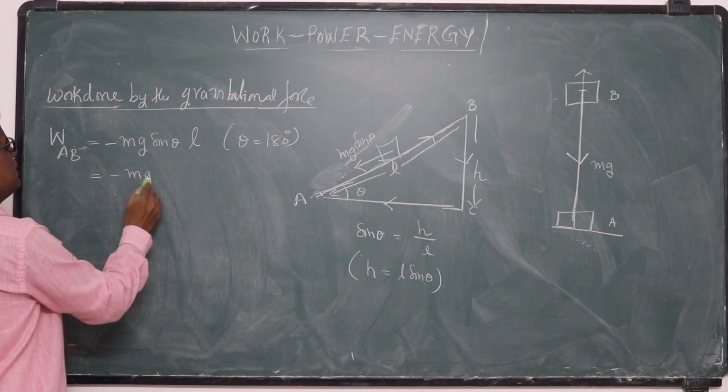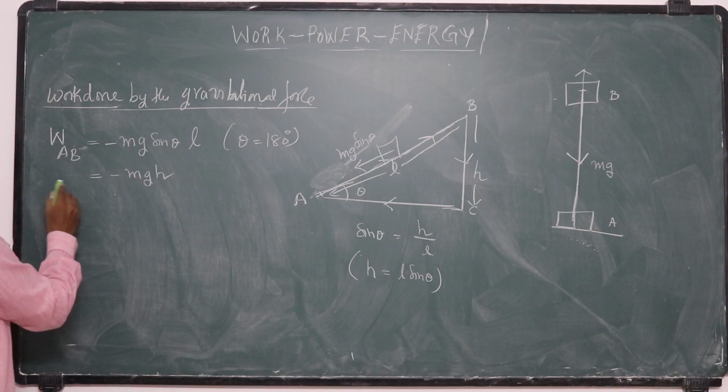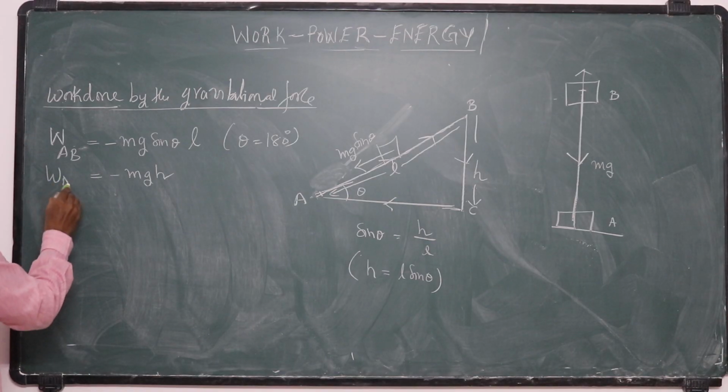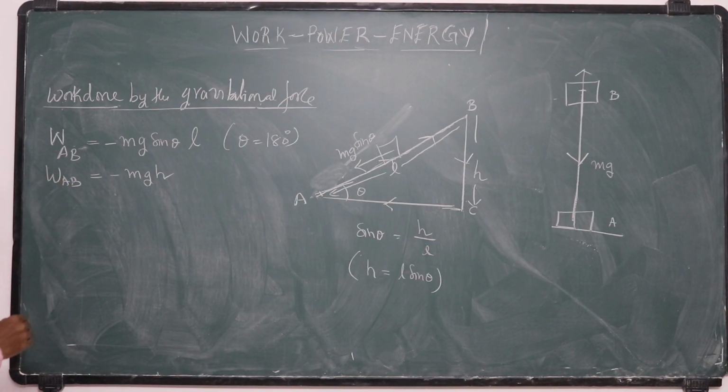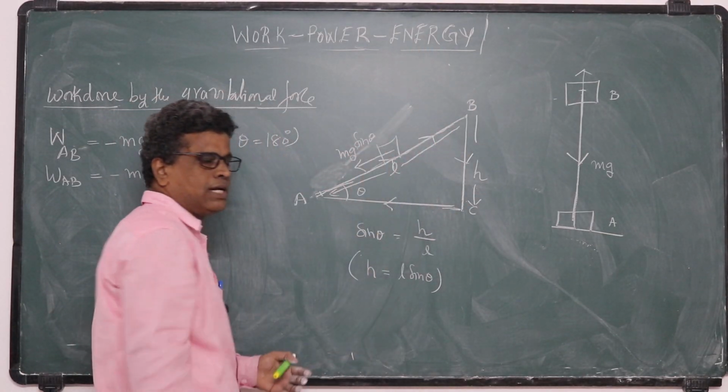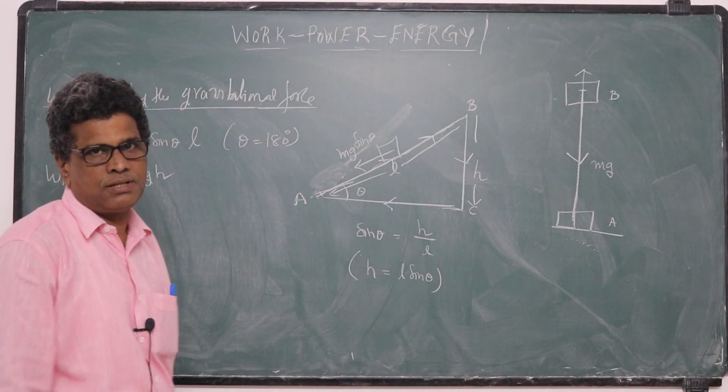So that is minus mgh. Work done to lift the object A to B by the gravitational force is minus mgh. So if you lift this object like this or like this, you will get the same answer. Do you observe that?